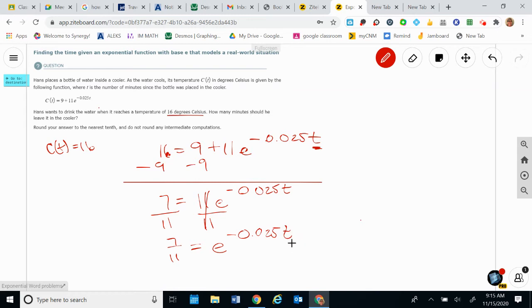Now we have our variable in the exponent. So to get it down, we're going to need to take the log, but we're going to take the ln instead.